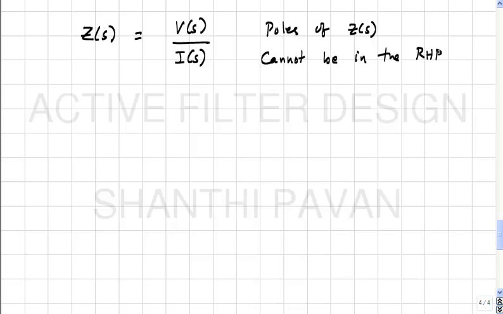What about the left half plane? If they are complex, fine, there will be complex conjugates and all that, but what about the left half plane? Well, they cannot be in the left half plane because it's lossless, but that doesn't come out immediately out of this. The only thing we can figure out at this point is that the poles cannot be in the right half S plane. Can they be on the j omega axis? Yes, they can be on the j omega axis.